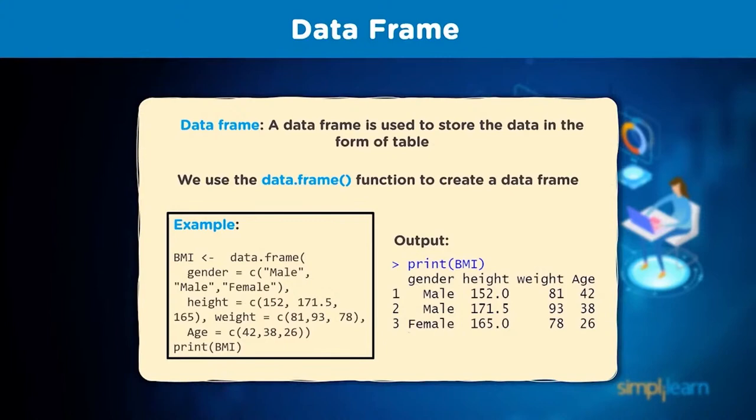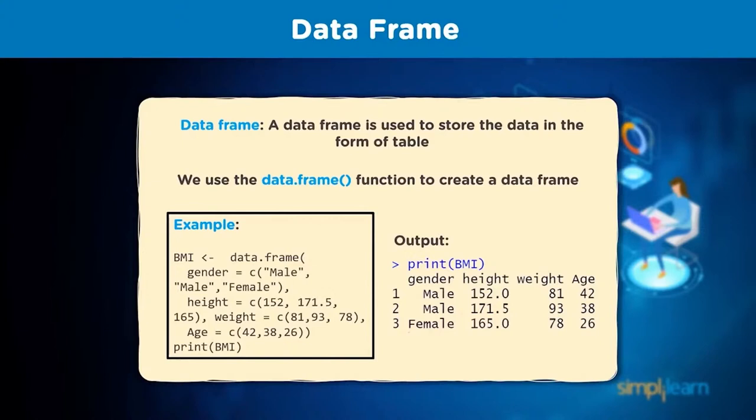Now, difference between your data frame and matrix is that data frames can contain elements of different data types. So for example, we can have one column being character, other being numeric, and yet another being logical. So restriction is that elements in one column should be of the same data type.